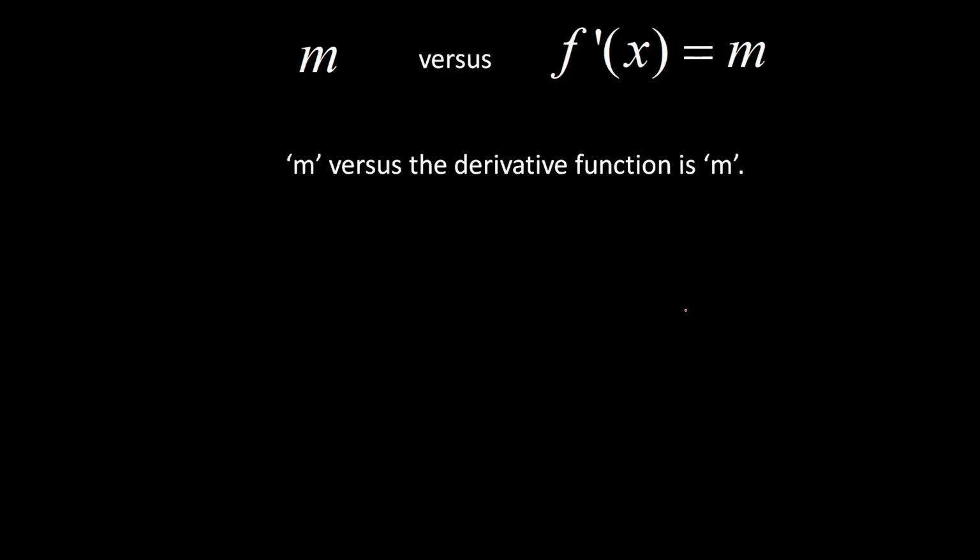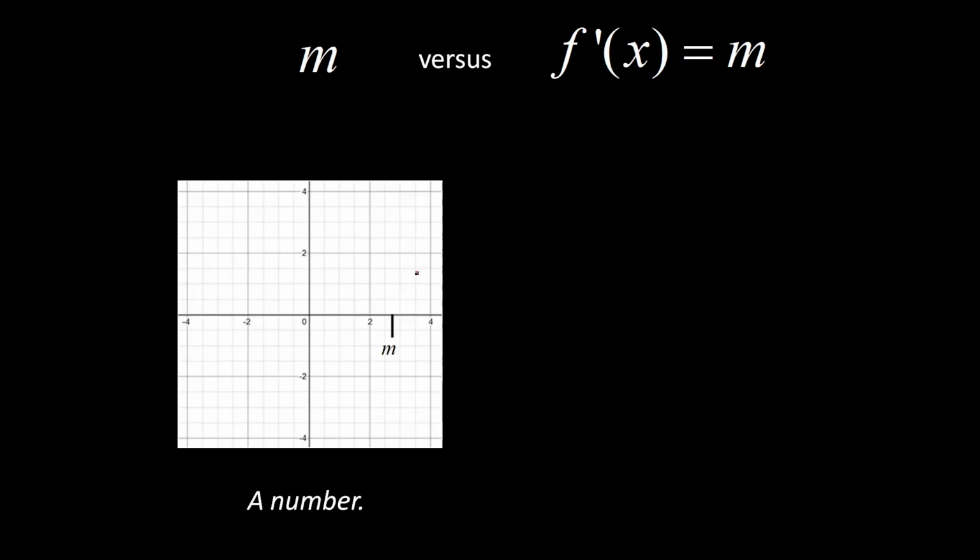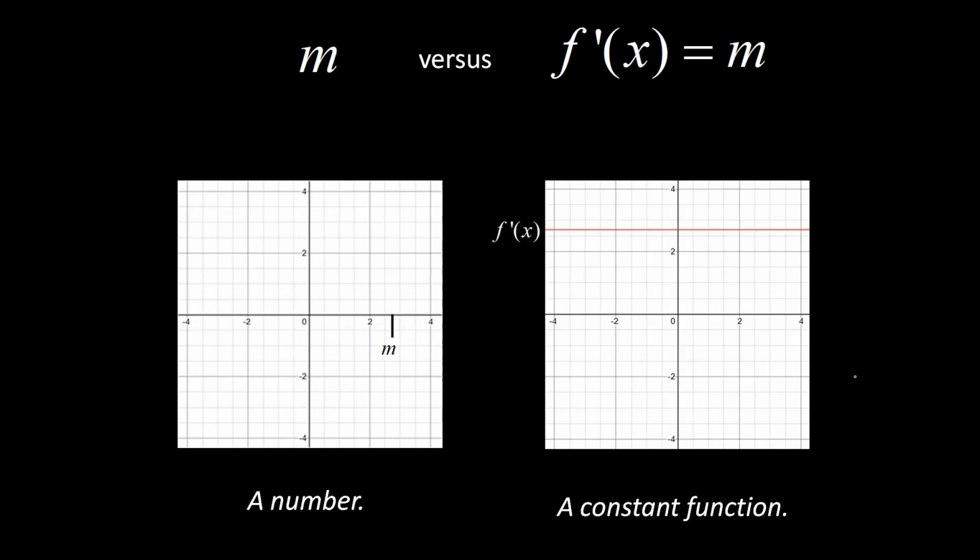Now there's something I want to say about m versus the derivative function, which is m. Because m, when you were in algebra, you most likely just treated it as a number. It's just some number on the x-axis. But in calculus, we're going to treat this more as a function.